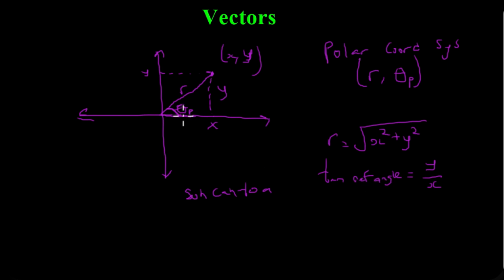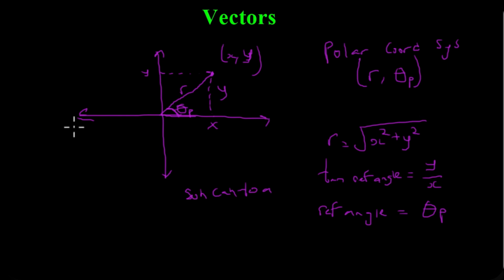Why didn't I just put theta polar inside of this directly? It's because we have different polar angles. Now, for the first quadrant, you can see that my reference angle would always be equal to my polar angle.